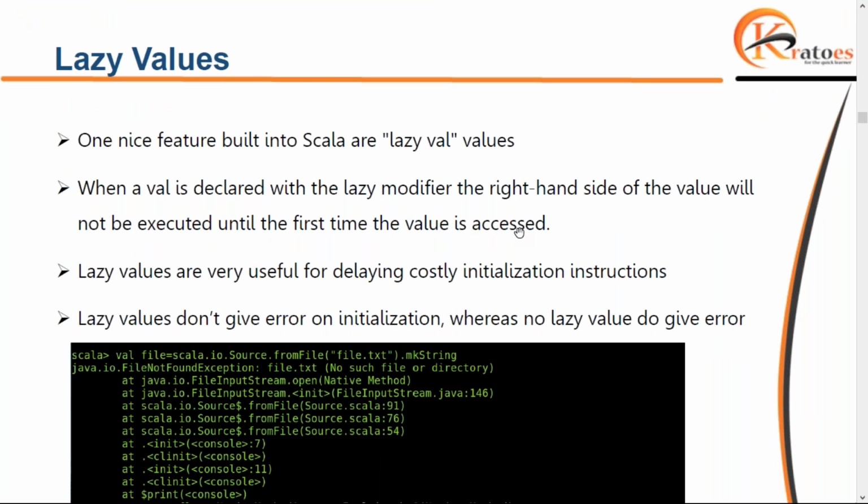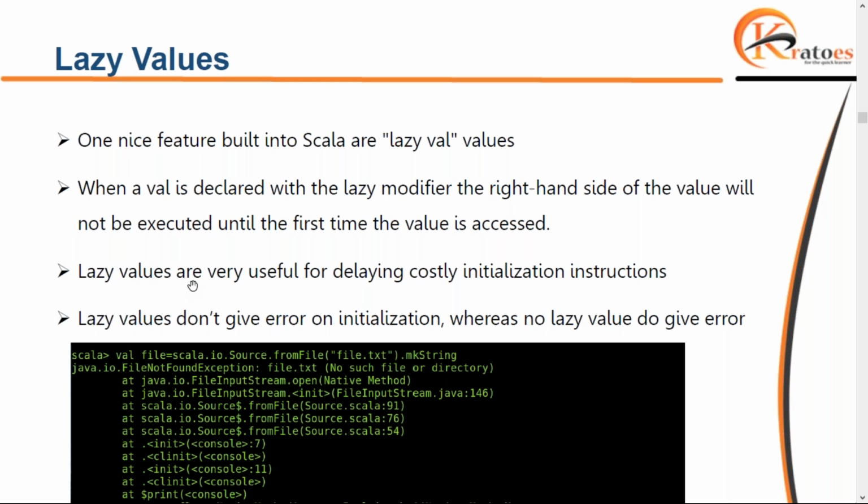I can say access, or I can say call for an action, which is a more precise word when it comes to big data or Spark. So whenever an action is performed on a lazy variable, only then. Lazy can also be used for function definitions, we'll see later.